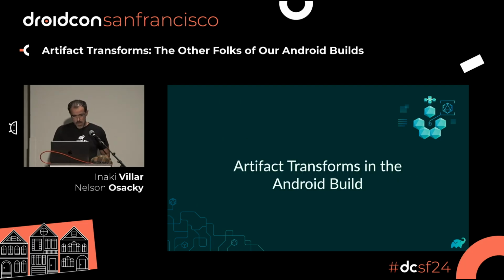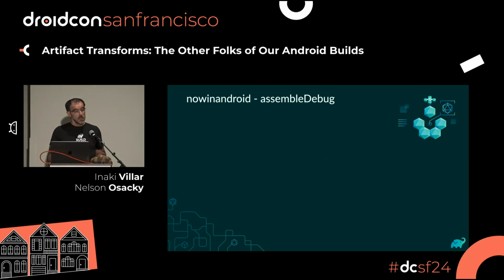Perfect. Now that we have covered the theory and how to implement artifact transforms, maybe this is some advanced topic and you are wondering why we are talking about this in the context of Android builds. So in this section, we'll see how artifact transforms are widely used in our Android builds. Let's start with the typical example, Now in Android from Google, and let's execute an assemble build.